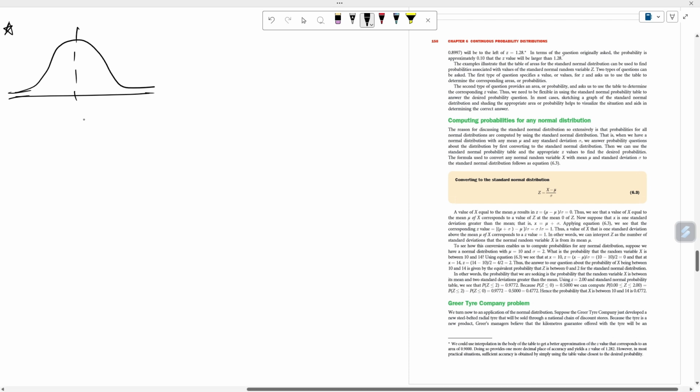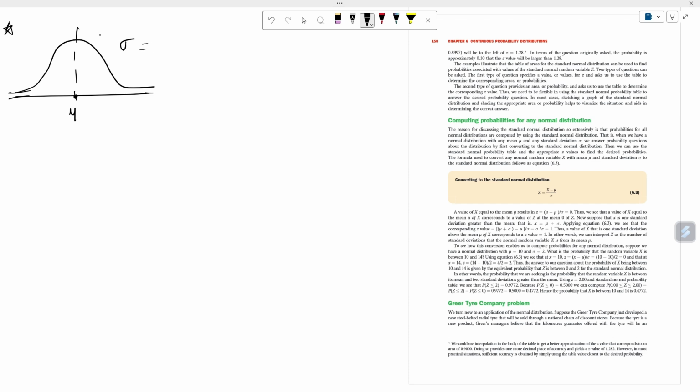Now, let's understand mean and standard deviation in the case of normal probability distribution. So, in the case of normal probability distribution, the mean is the midpoint of this bell-shaped curve, which lies in the middle of this bell-shaped curve. And the standard deviation is denoted by the symbol sigma, which is written on the top right side of the bell-shaped curve.